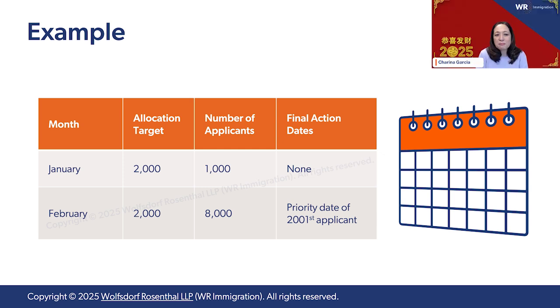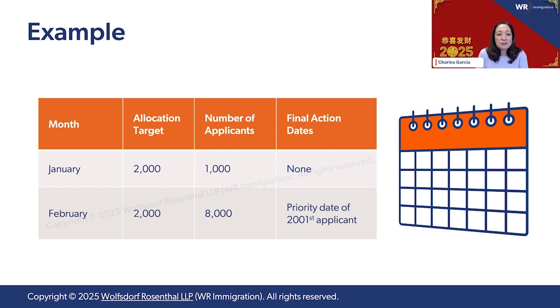Yeah, so I think the message basically is Department of State will determine every month how many they can allocate, what their target is. So in this example, it's 2,000. And what they can't predict is how many applicants they'll actually receive in that particular month. So in the first example, they receive less than their allocation target. So the dates are current, they have enough numbers.